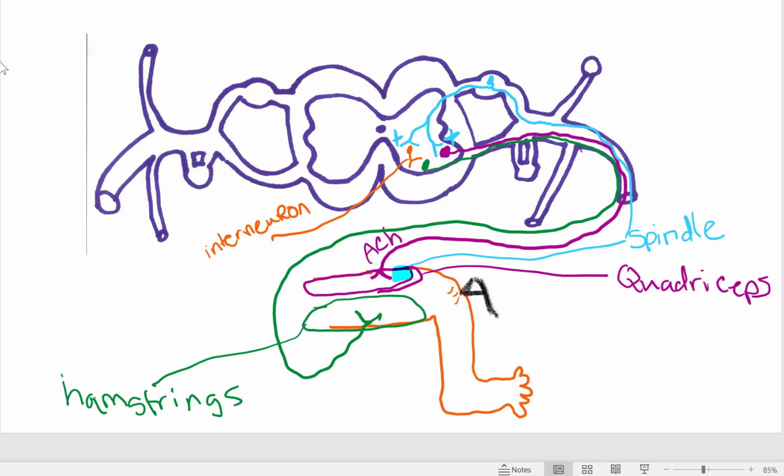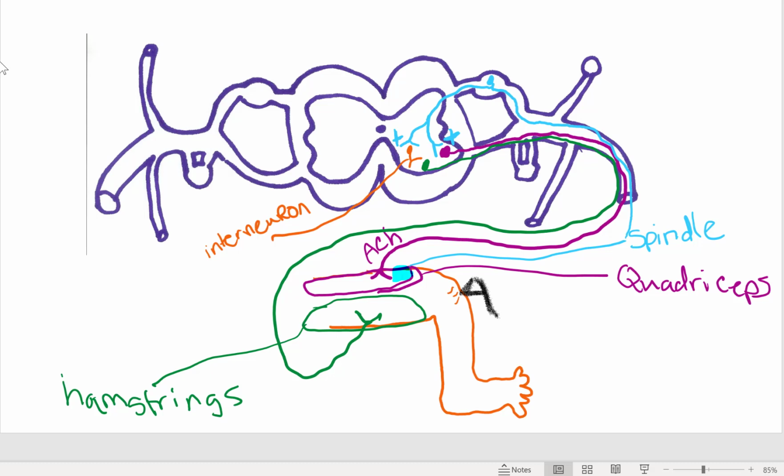That means in purple, the somatic motor neuron that innervates the quadriceps would reach threshold and would fire an action potential, releasing acetylcholine on the quadriceps. They would contract and you would get your knee-jerk reaction.